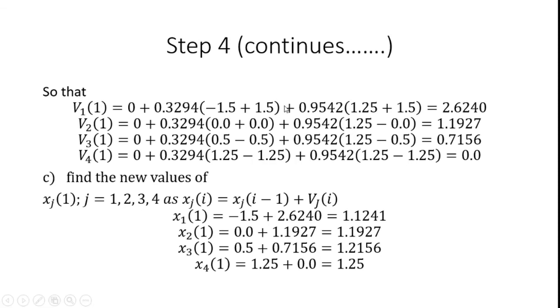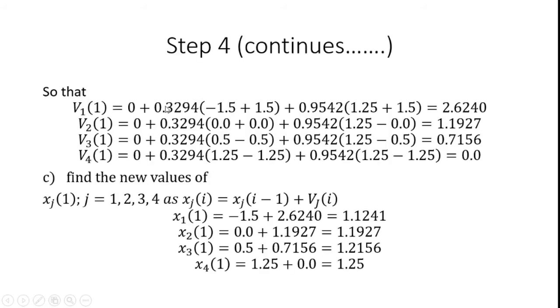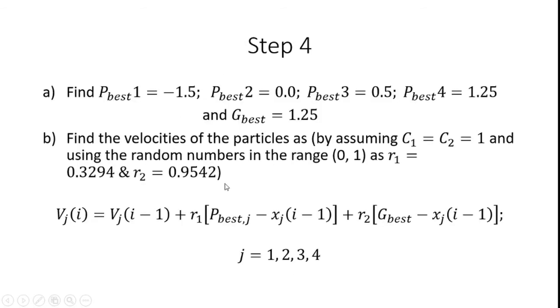Okay, now I move to step 4, so according to the previous problem I substitute the value: V1 of 1 is equal to 0 plus 0.3294. How does the 0.3294 value occur? Because I generated the random number in the previous step, R1 is equal to 0.3294, so I substitute the value 0.3294 here. And what is meant by minus 1.5?